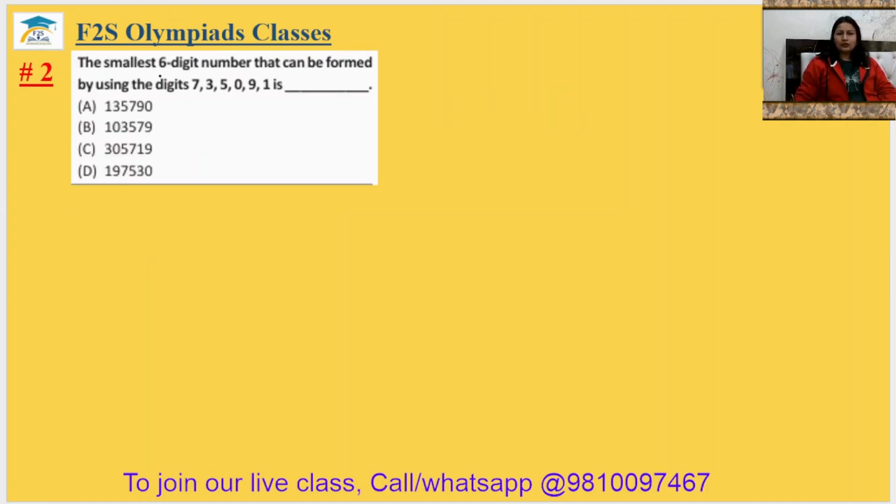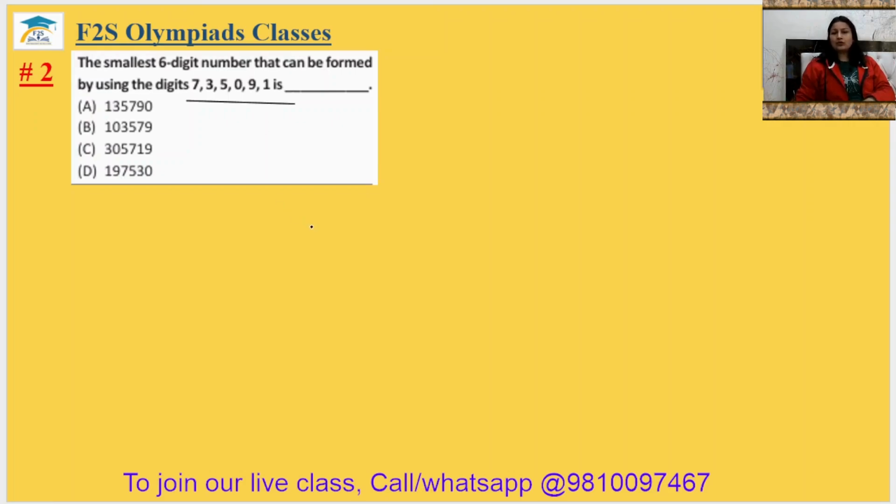Question number 2. The smallest 6-digit number that can be formed by using these digits. Since 0 is present as a digit, we cannot write 0 on the extreme left side, because if we write 0 on the extreme left side, the number will be a 5-digit number.